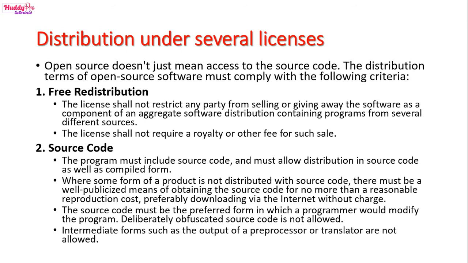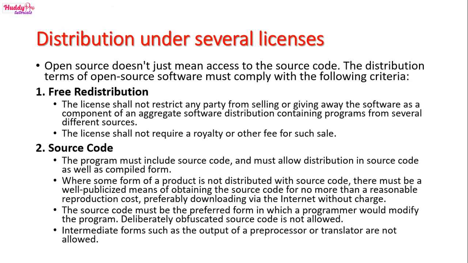Then number two, this distribution must still have the source code. So if you have your software, it's free and open source software. When it comes to a redistribution, or when you want to distribute the software, you must ensure that the source code is included in your distribution.